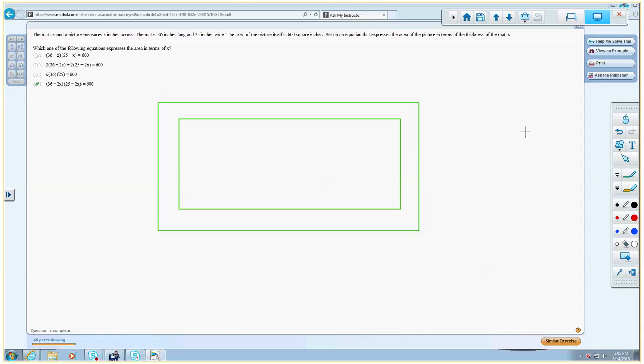Now, what they're telling you is that the mat is 36 inches long and 25 inches wide. The area of the picture is 600, so the picture is right in here. It is 600 square inches.